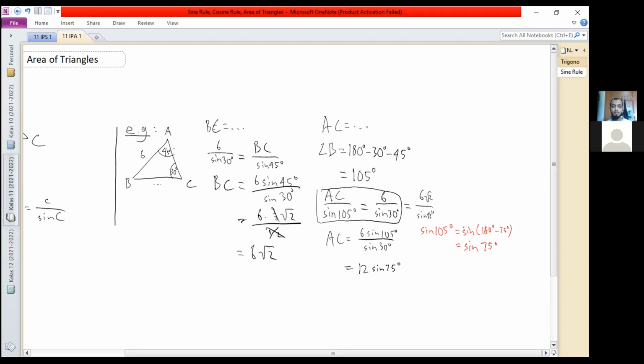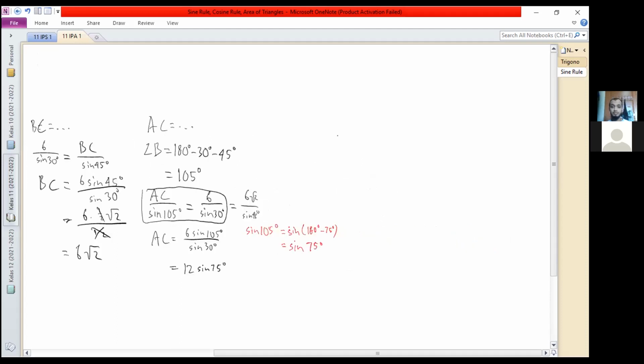Okay, another example, you can also find the angle. Another example is where one of the angles is opposite to one of the sides.